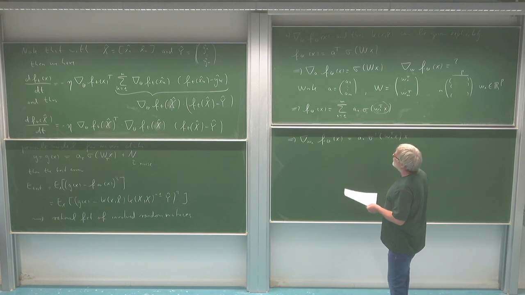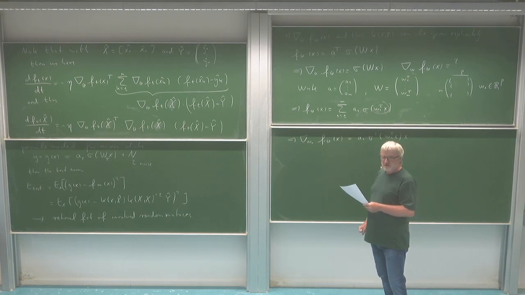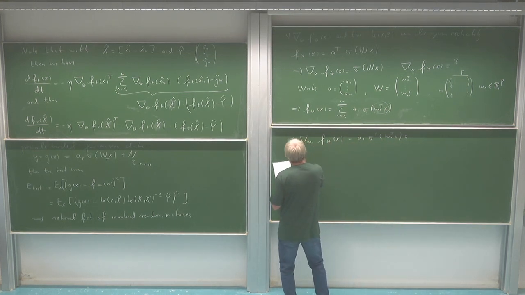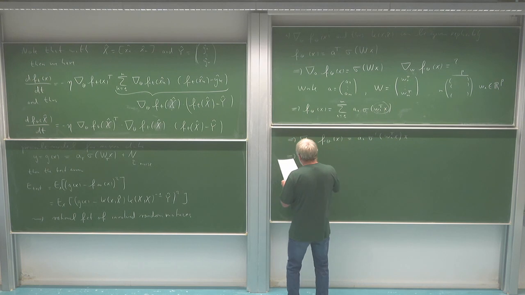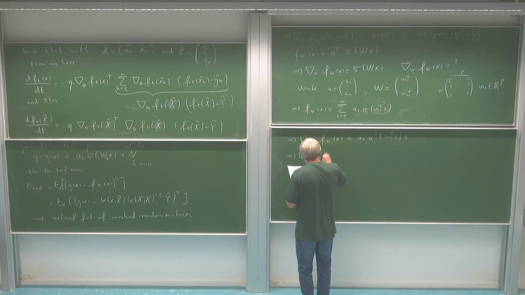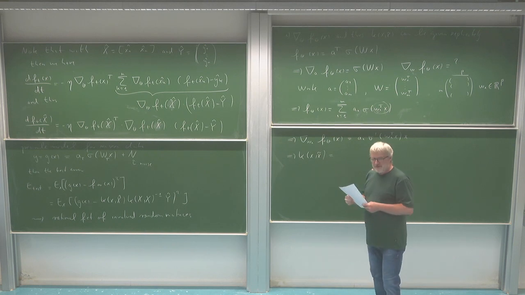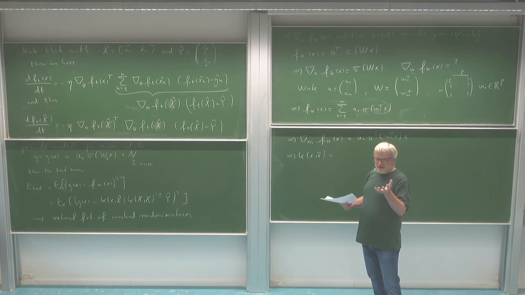Now I can write down my kernel. The kernel is essentially the inner product between this gradient and itself. So if I now take this neural tangent kernel at 2 arguments, what do I get? I have to take the inner product of the gradient with itself. And the gradient has several components.